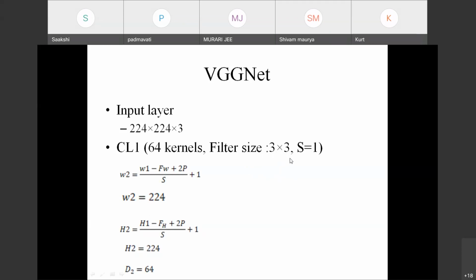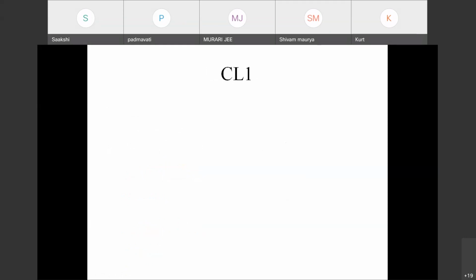So 3 cross 3 cross 3, plus 1 for the bias value for each kernel, multiplied by the number of kernels that we are applying. Here we are applying 64 kernels. So 3 cross 3 cross 3 plus 1 multiplied by 64 gives you 1792 as your answer. This is the result of the first convolution operation. So let us move to the next layer and see what is there in the VGG16 architecture.